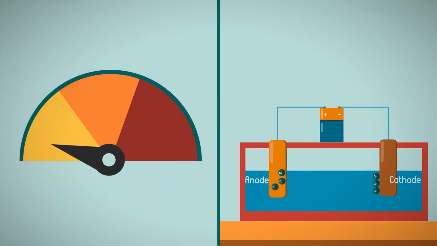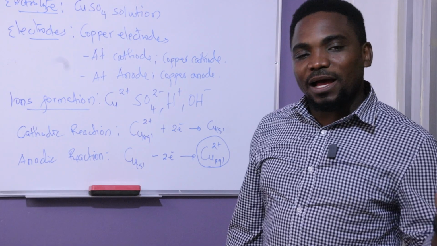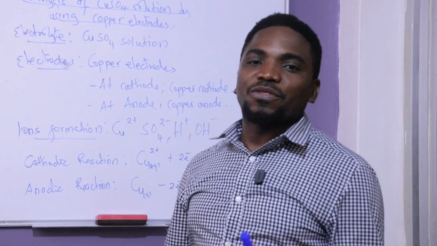Why is it decreasing? Because the copper in solid form starts dissociating, or ionizing, so its mass decreases at the end of the reaction. Therefore, the mass at the anode decreases, but the mass at the cathode increases.